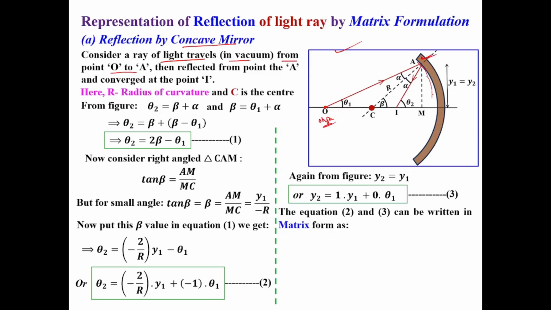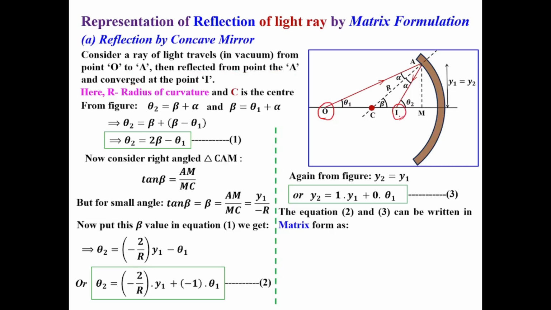This side is the polished surface, so light will reflect from A, and this side is the opaque side. First it will travel from O to A, then be reflected from the point A and converge at the point I. So I means the so-called image. Here O represents the object information, I represents the image information.